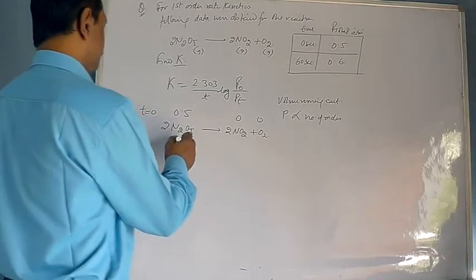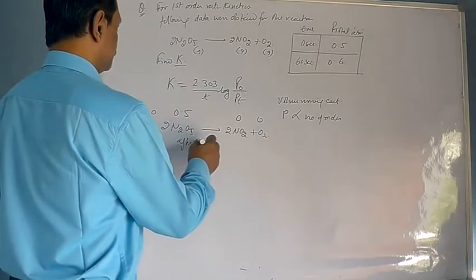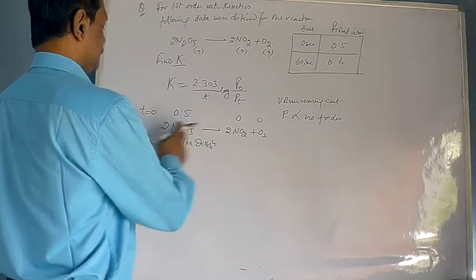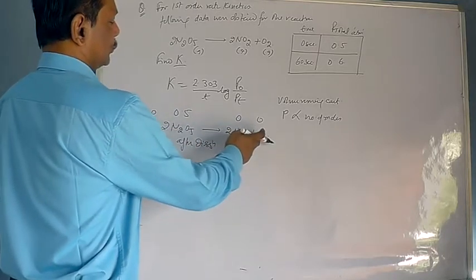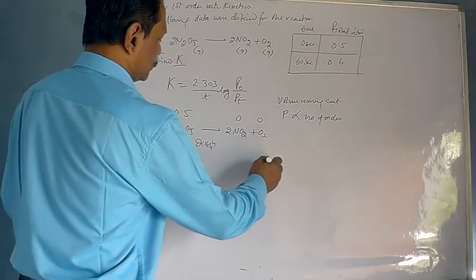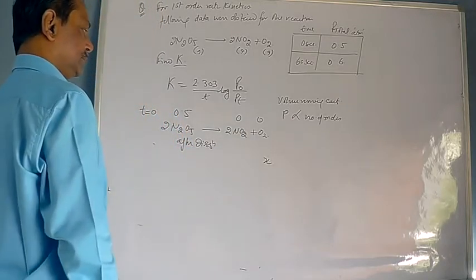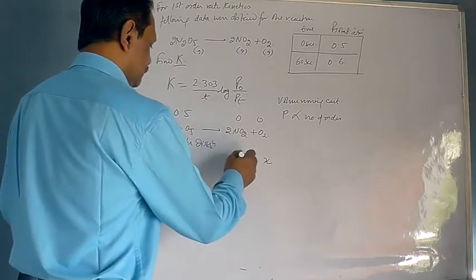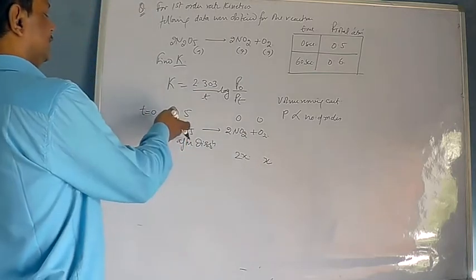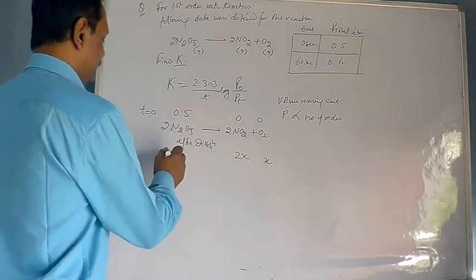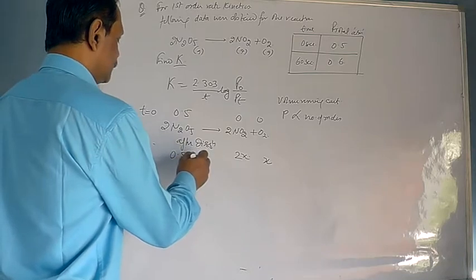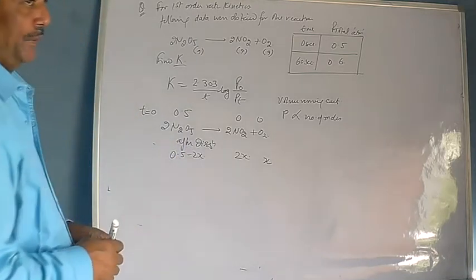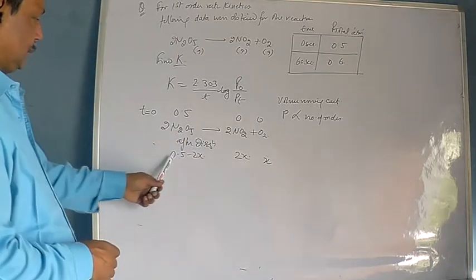After dissociation, class, the stoichiometry of NO2 is 2 and that of O2 is 1. So let x moles of O2 be present. So NO2 will be 2x. And what will be the moles of N2O5? 0.5 minus 2x. Very, very important calculation here.